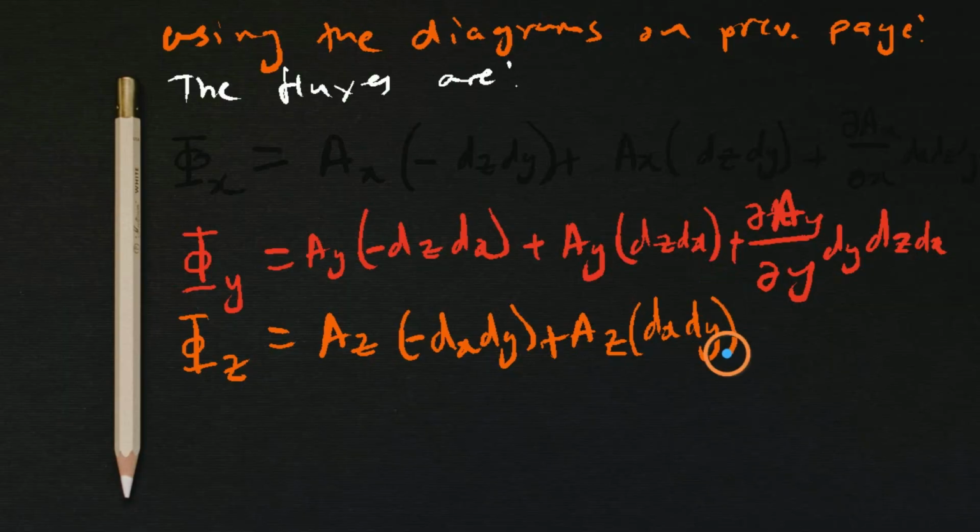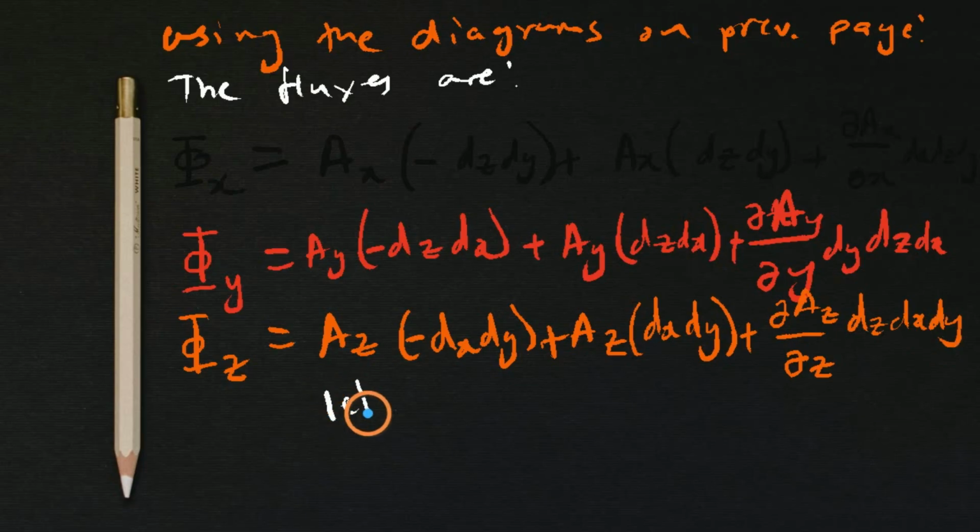Then of course the partial derivative of Az with respect to z, multiplied by dx, dy, and of course dz. But we should notice something of interest here: in all situations we have dx, dy, dz at the end. So why not give this a name?